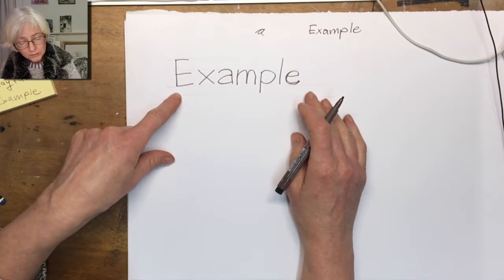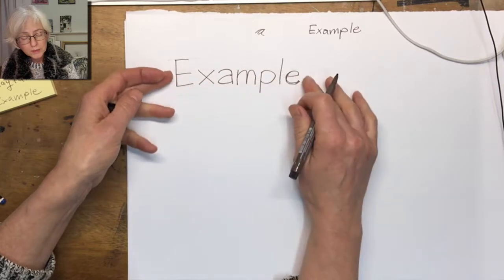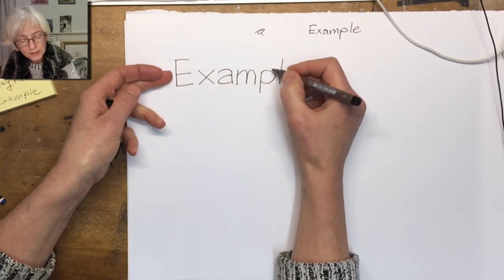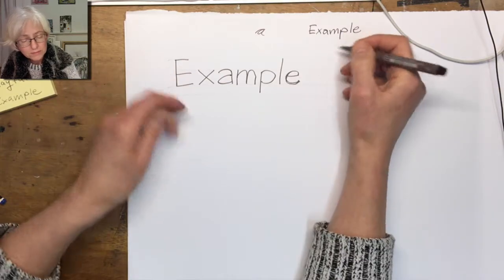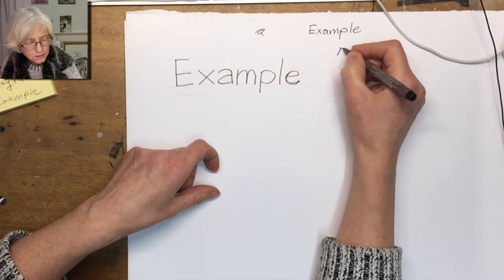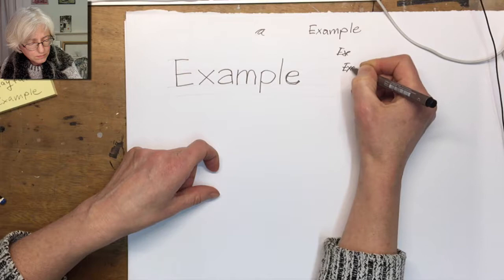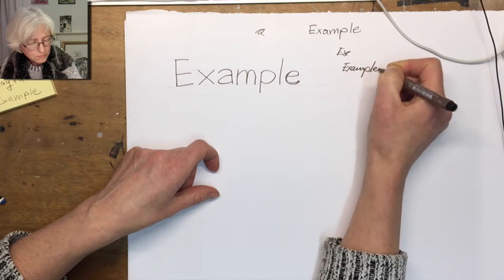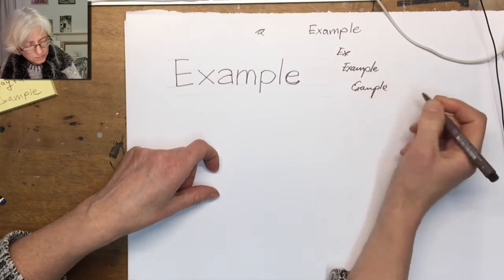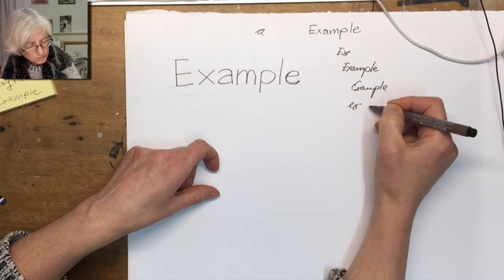The difference between this and my normal handwriting is that there's more space between the words, and I take care to put space into the letters. Let me try to write as I usually write. This is how I write, more or less. Oh, I can't anymore.